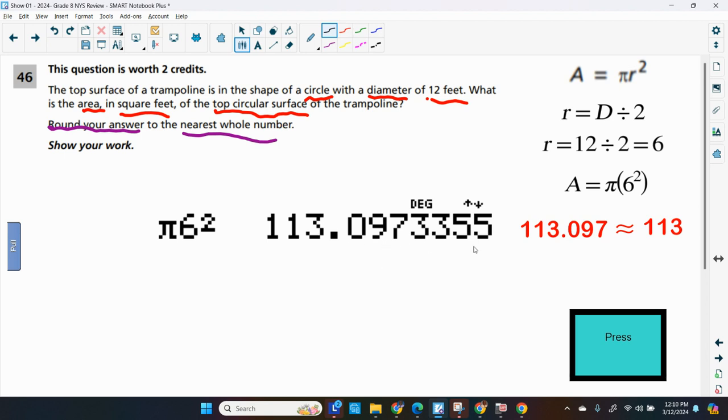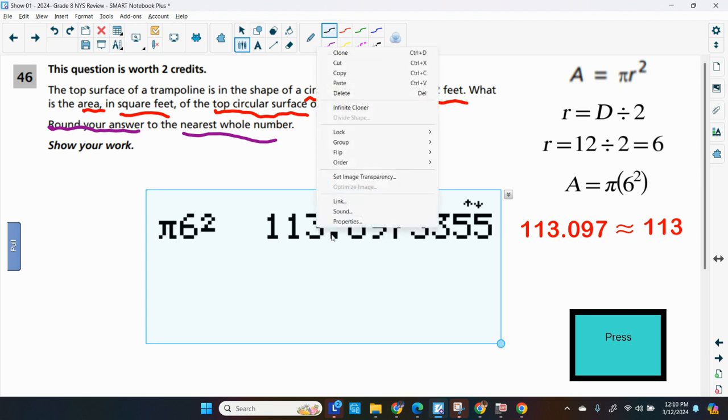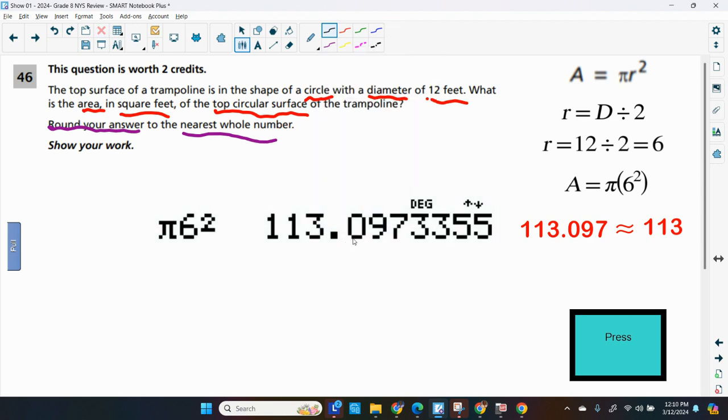And look at all these long numbers. But they said they want you to round this off to the nearest whole number. So here's our last digit in before the decimal. If you remember to round, if it's 5 or above, you would give this 3 a shove. If it's 4 or less, you would let it rest. So that's a 0. So we're going to let it rest and use 113.